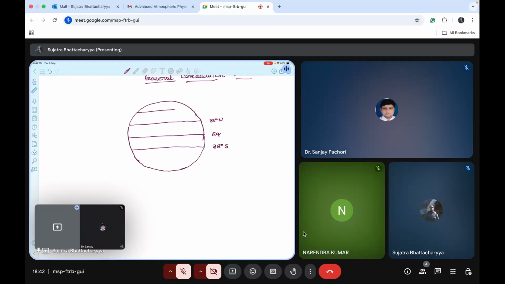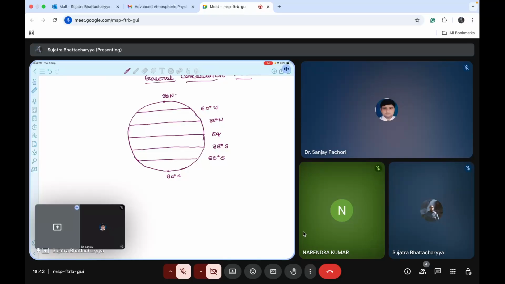I will take another latitude, which is about 60 degrees north and 60 degrees south. And finally, at the poles, which is 90 degrees south, and here 90 degrees north.